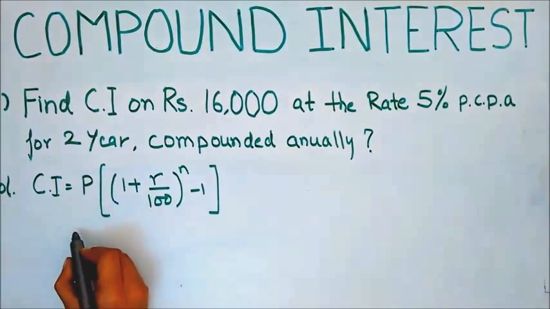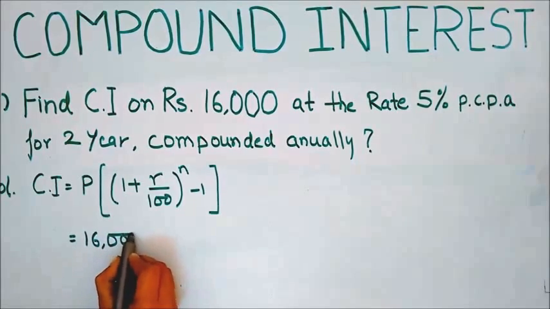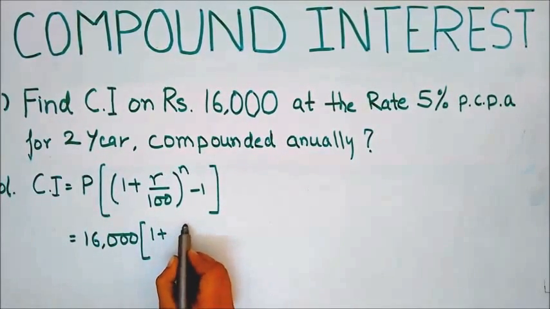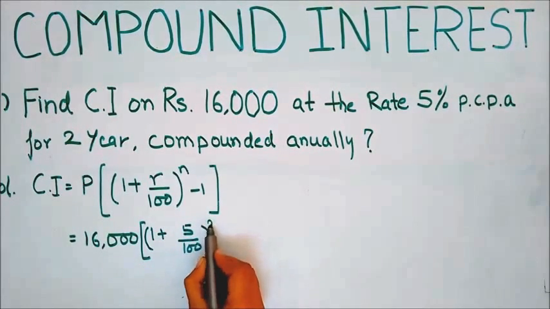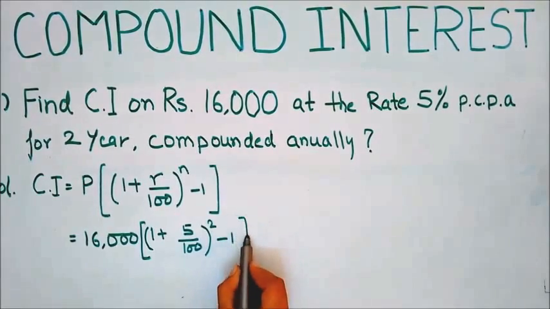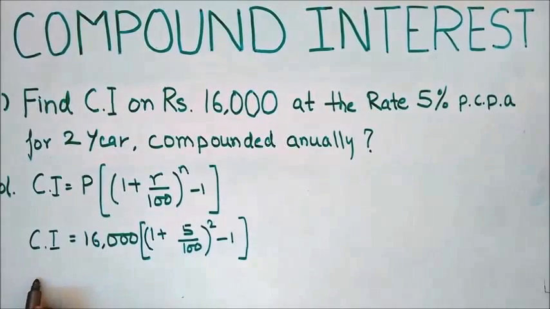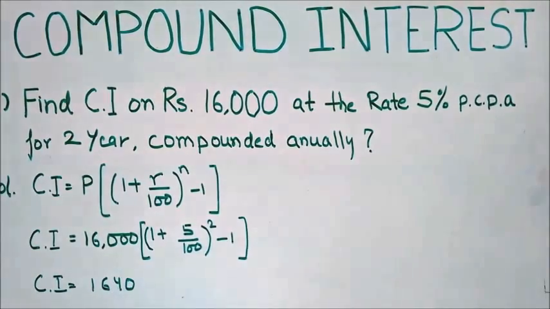Now put the values in this formula, that is 16,000[(1 + 5/100)^2 - 1]. If we solve this equation, we will get compound interest is equal to 1640.